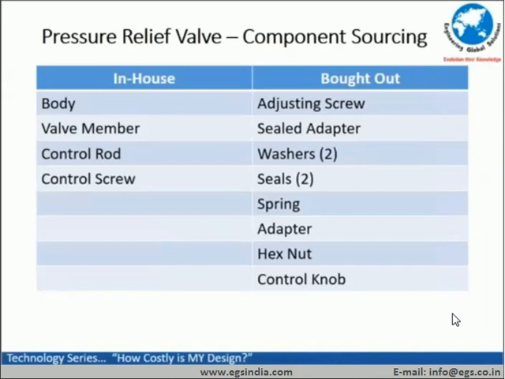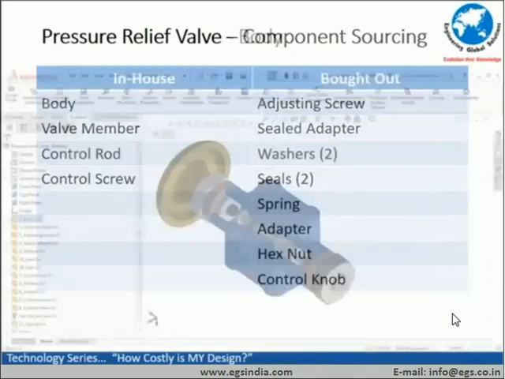The barred-out components on the right side are the adjusting screw, the seal adapter, the two washers which are common, the seals which are common, the spring, the adapter, the hexagonal nut, and the control knob. These are the components which are bought out. This is what we have decided.